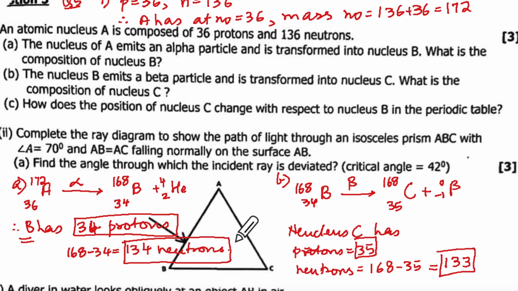Are they talking about the C part also? How does the composition of C change with respect to the nucleus B in the periodic table? Your B was 34 here and C is 35 here. So what will you say? It has gone to the right by one place, right?